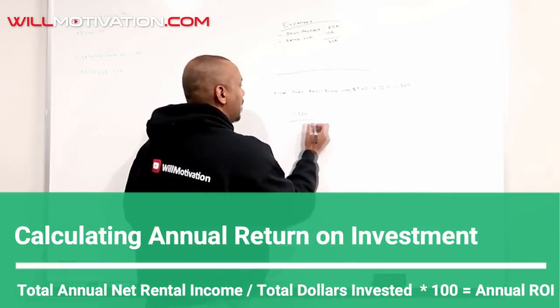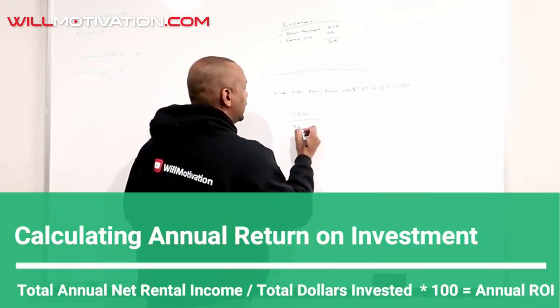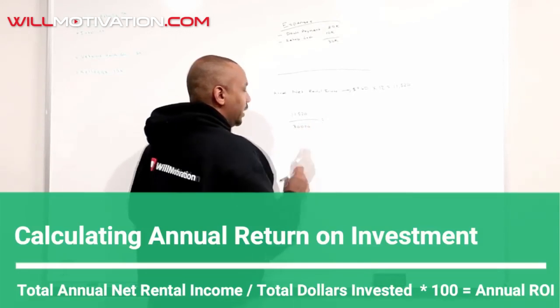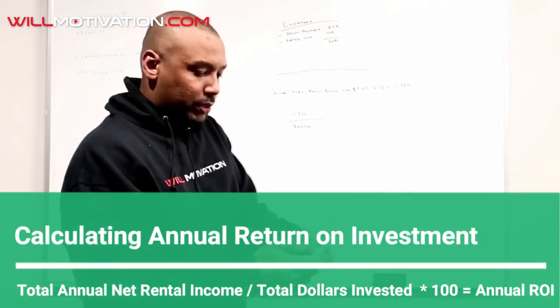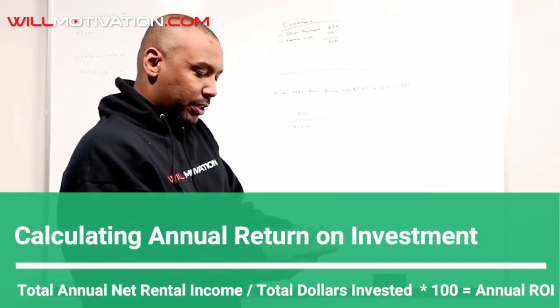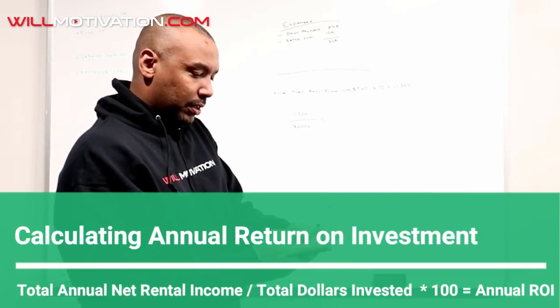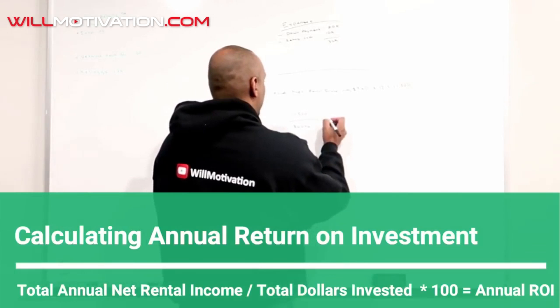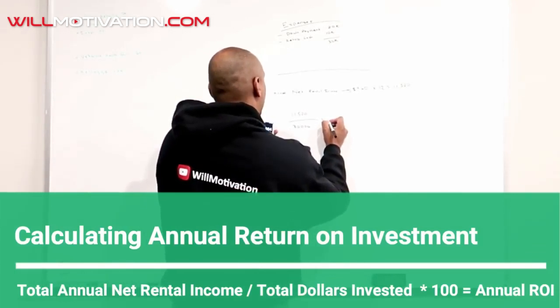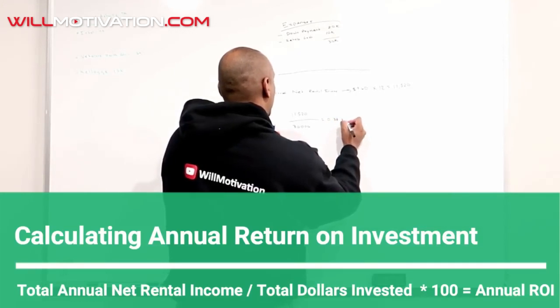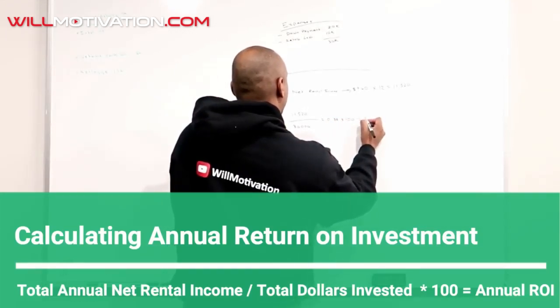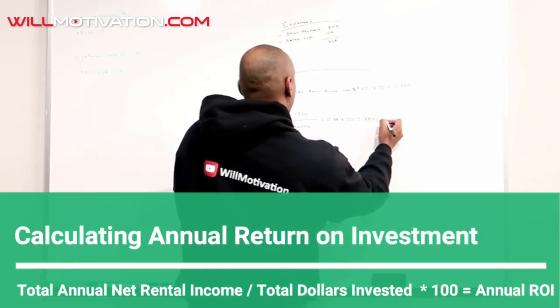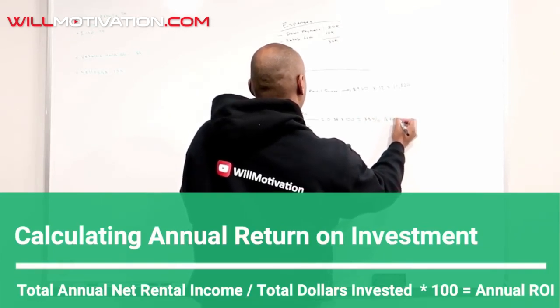You use that as the denominator here: 11,520 divided by 30,000. Then you multiply that times 100. That would equal 0.38 times 100, which is a 38% annual return on investment.